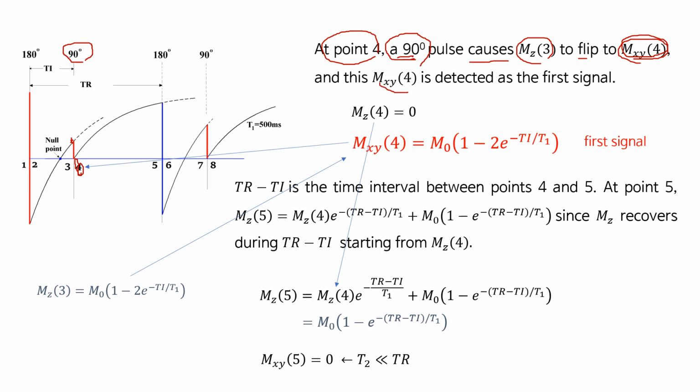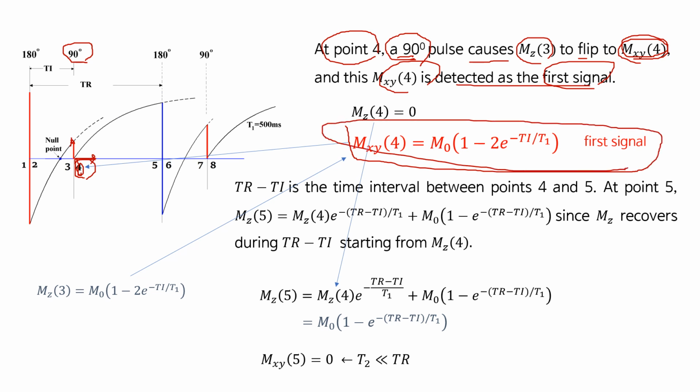And this Mxy4 is detected as the first signal. Right? At point 4 here, the 90 degree pulse is applied, and this longitudinal magnetization converts to the transverse magnetization, and this transverse magnetization is detected as signal at point 4. That is the first signal. So we found the signal intensity of the first signal.